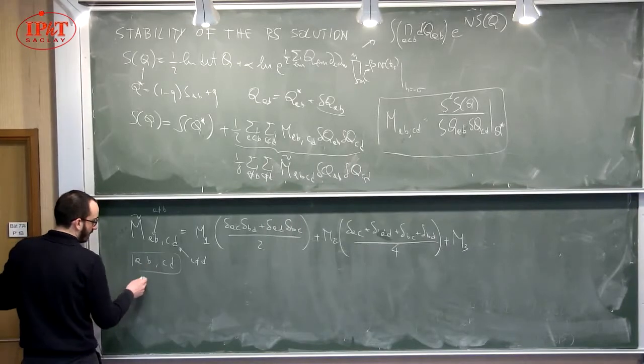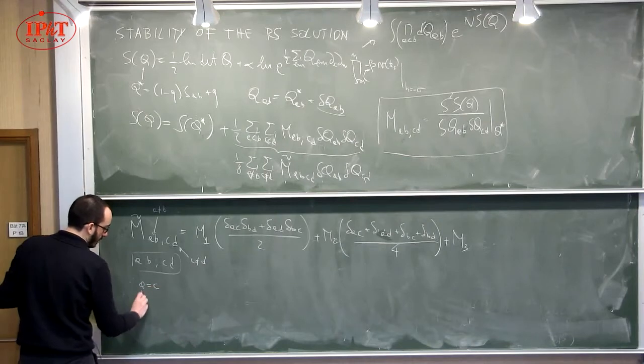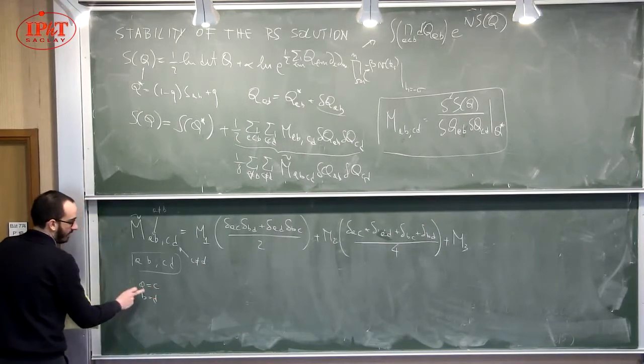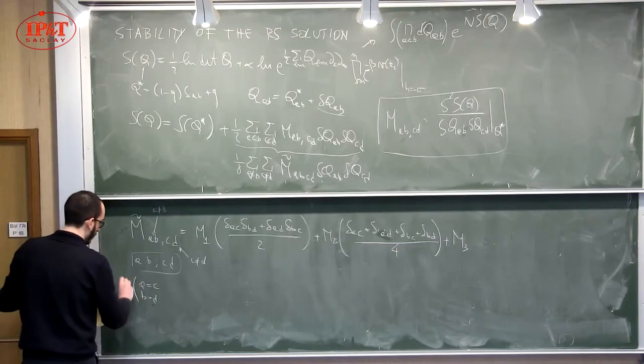So you can have three possible situations. Either A is equal to C and B is equal to D, or vice versa, A is equal to D and B is equal to C. So this is case one.